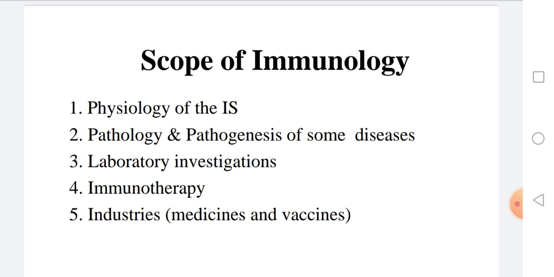The scope of immunology, the areas that are covered by immunology: one, the physiology of the immune system; two, pathology and pathogenesis of some diseases; three, laboratory investigations; four, immunotherapy; five, industries of some medicines and vaccines.